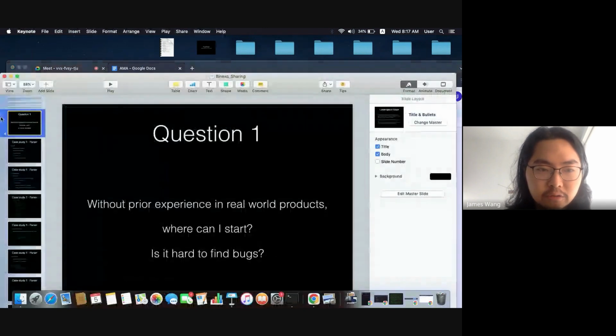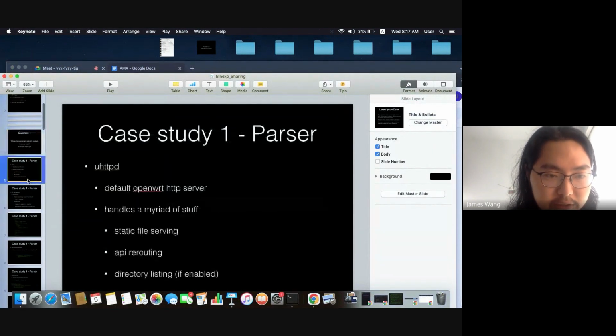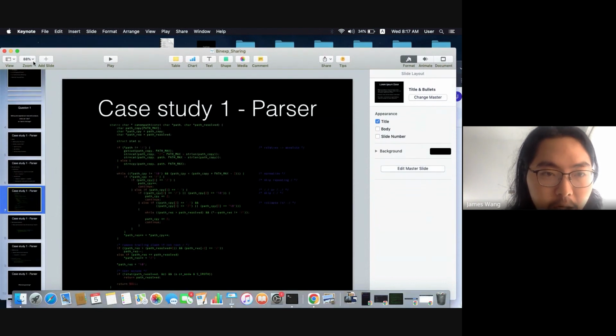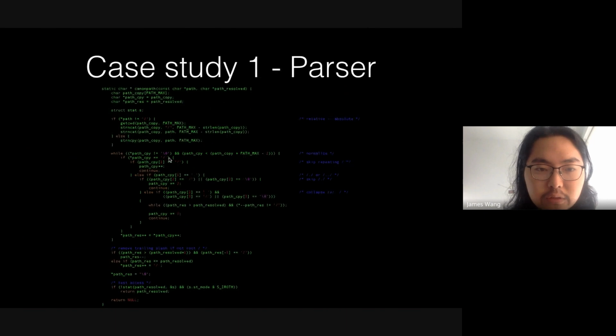Path copy could overflow. Okay, let's see. So no, it couldn't overflow, because we're declaring a buffer of the path max size here, and we're also only copying path max size here.